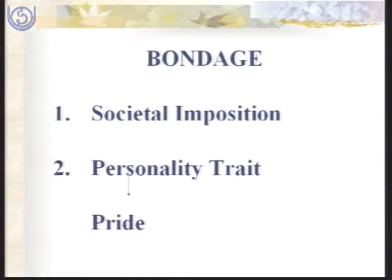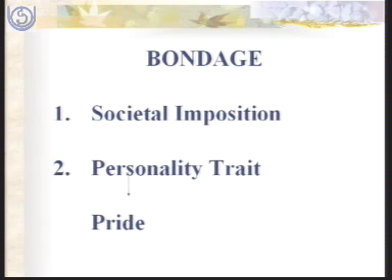Now, there are two things that emerge as far as the theme of bondage is concerned. You can be in a state of bondage by a societal imposition. People from outside can bind you, make you live in a state of bondage.